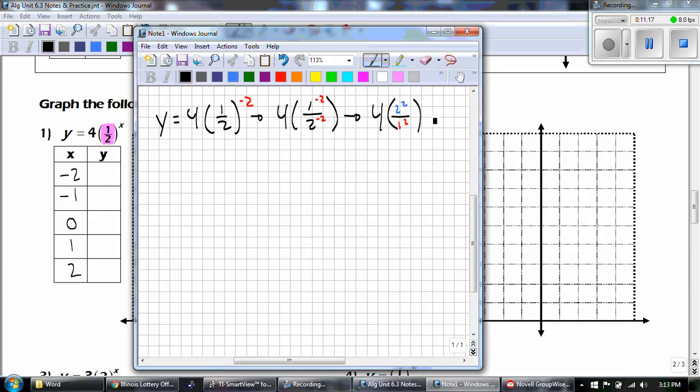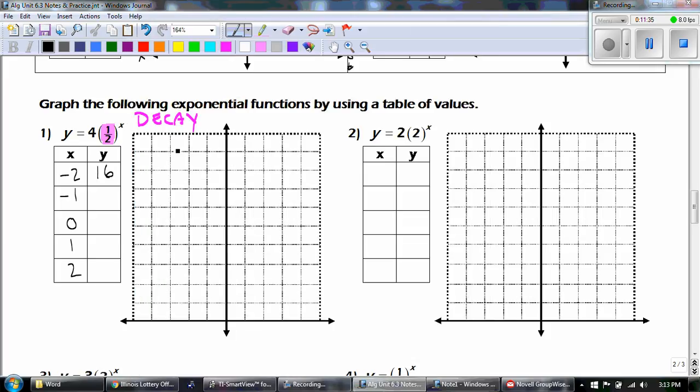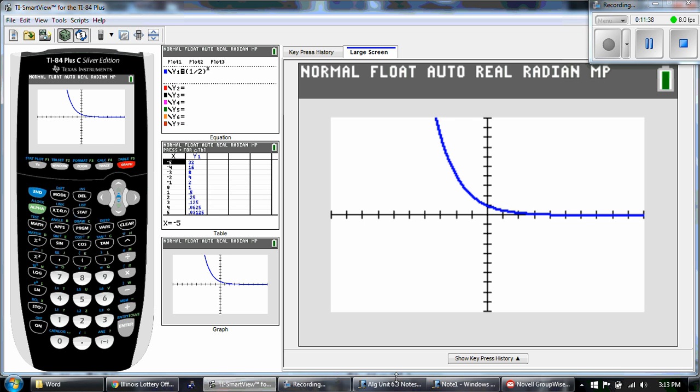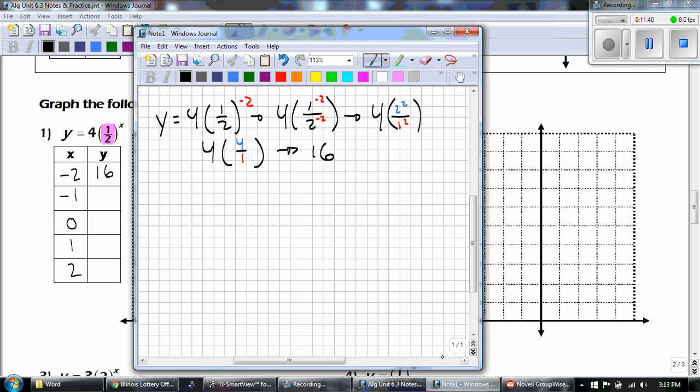We're still multiplying that, okay? 2 squared is 4, 1 squared is 1, which is 4, and 4 times 4 gives us 16. Okay? And you would do that for each one of those.